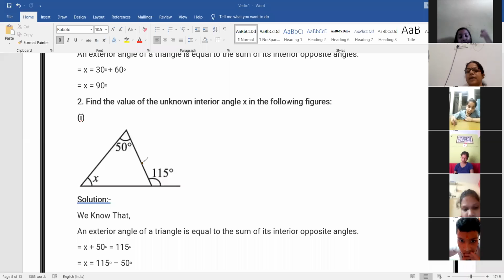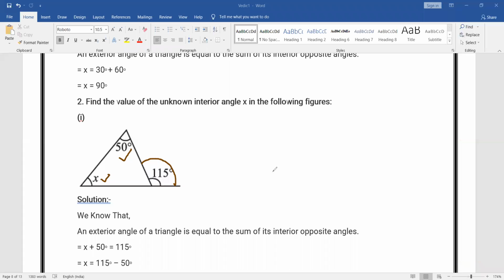This exterior angle, this 115, is equal to the sum of the inner two interior angles. ये जो आपका exterior angle है, it is equal to the sum of the inner two interior angles. So 115 is equal to x and 50. Okay. Now what you need to find out? You need to find out the value of x.